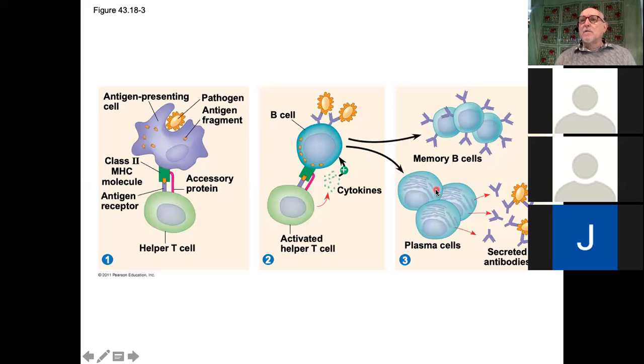These plasma cells will last for weeks, maybe a couple of months, but they don't last for decades. The memory B cells can last for decades, and what they're carrying a memory of is that. Their receptor is identical, so they are carrying a memory of this little epitope.